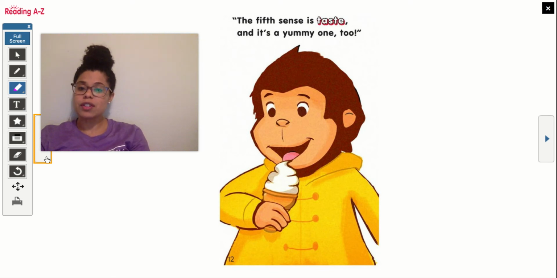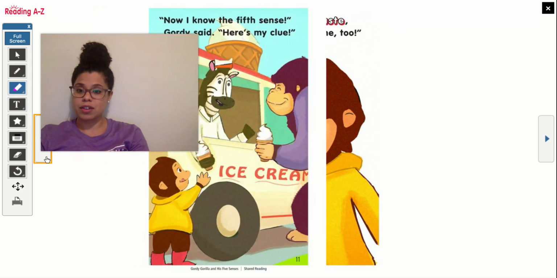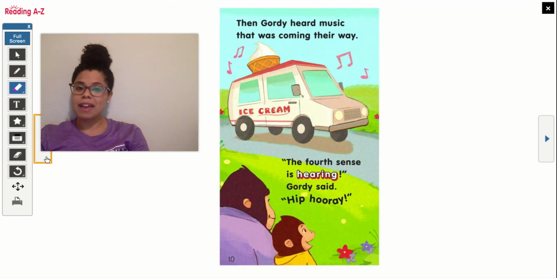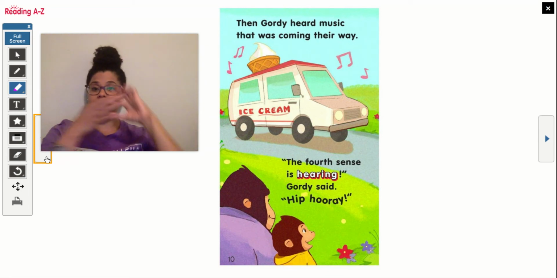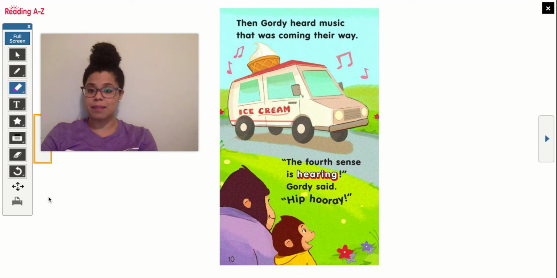So in our story, I'm going to make a connection to what's happening with the characters in our book. When you make a connection to the characters in a book, you're making a text to self connection. Can you say that? Text to self connection. A text to self connection is when you connect to something that happened in the story and it reminds you of something that's happened in your life.